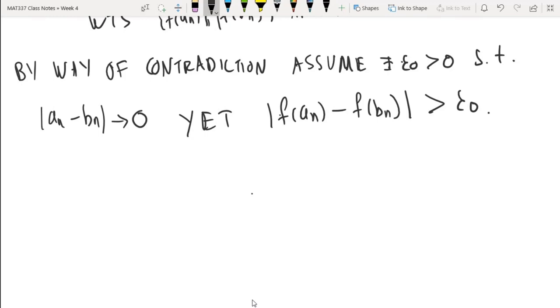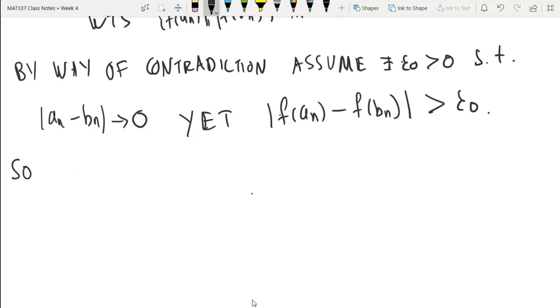So let's see. It's a little bit tricky. So let me do it for convergent sequences, and then I will generalize it.